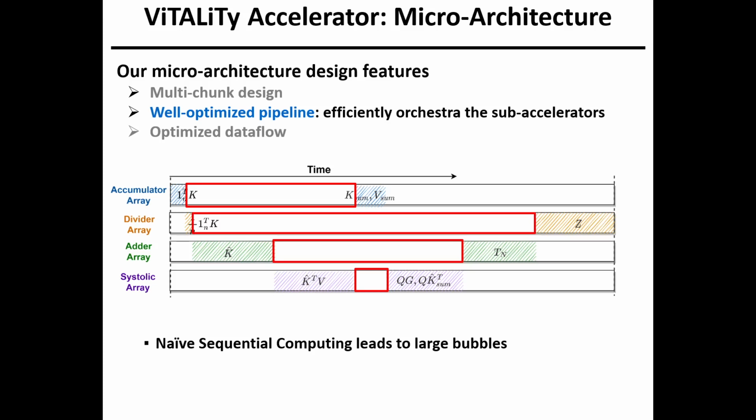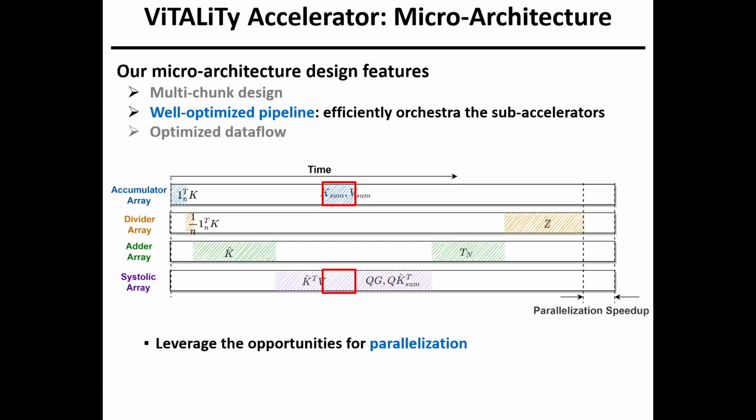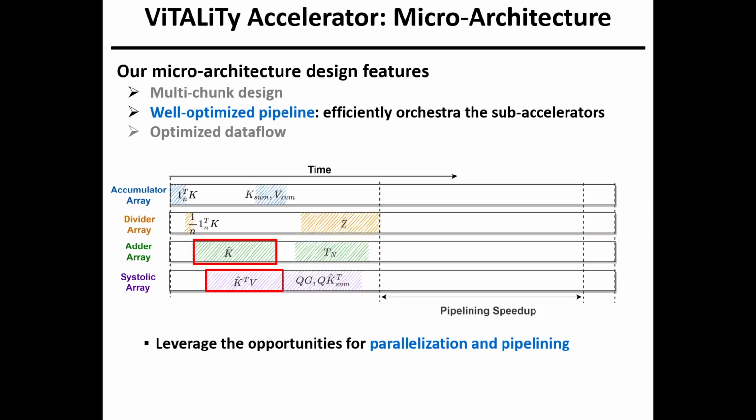Empirically, we find that many pre-post-processing operations can be parallelized and pipelined. For example, computing the row sum of the V matrix can be parallelized with computing the matrix multiplication between K hat and V. And computing K hat can be pipelined with computing the matrix multiplication between K hat and V. Our pipeline leverages this opportunity of parallelization and pipelining to squeeze the hardware bubbles, and therefore leads to a greatly reduced latency.